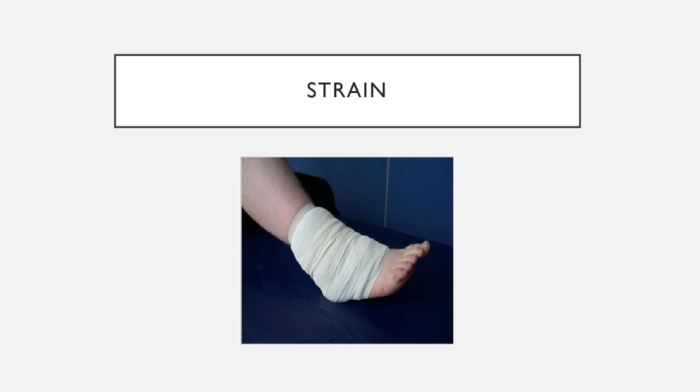So a strain is overstretching of a muscle, often due to physical exertion. And a strain happens in muscles or tendons, which are structures that move your bones. So strain, stretching of muscles and tendons, those are the things that move your bones. A tendon is what attaches the muscle to the bone.